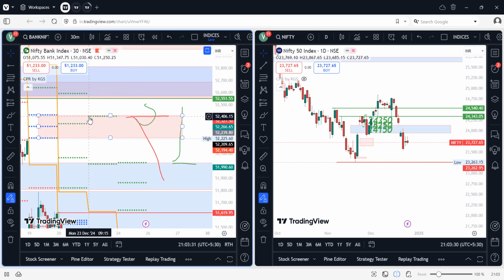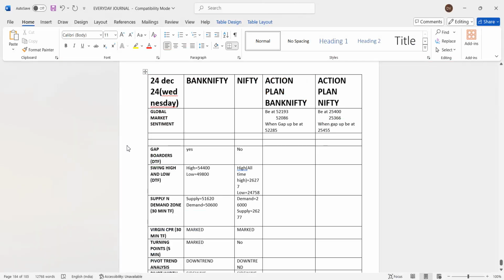I don't know this is the Virgin CPR. In the live market, I am not able to recognize this as the Virgin CPR due to different reasons. So there is a strong rejection from here, a good trending bearish day, and I am wondering why this is happening. The reason is, here is the Virgin CPR. To avoid making such mistakes, I am including these things in the pre-market analysis.